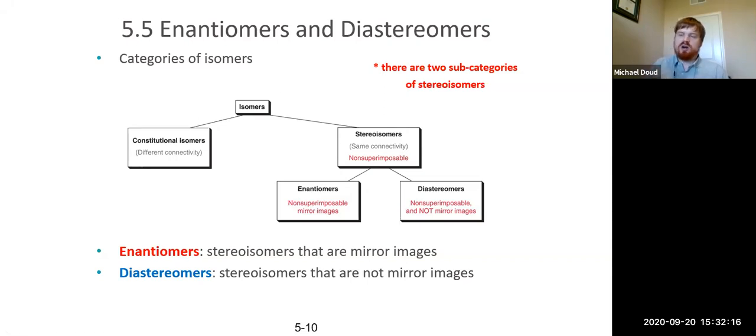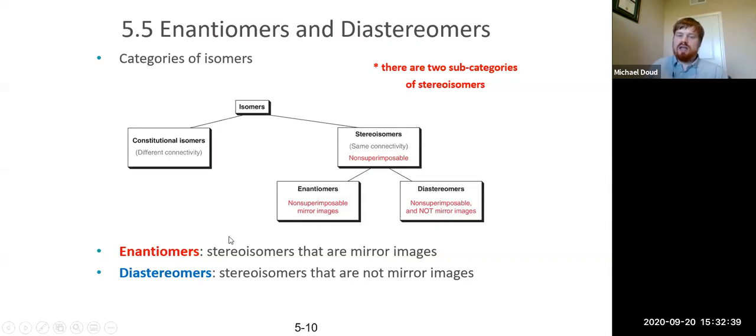That's mostly what I've been talking to you about so far. But we also have diastereomers. Diastereomers, we know, have to have the same connectivity, same molecular formula. So the thing is here, sometimes you can have things that are non-superimposable that have the same connectivity, but they're not mirror images. We're going to go over a few examples of that here.